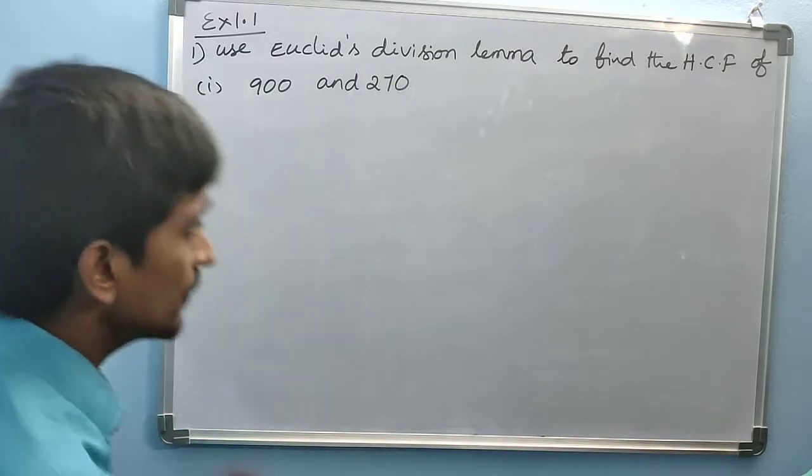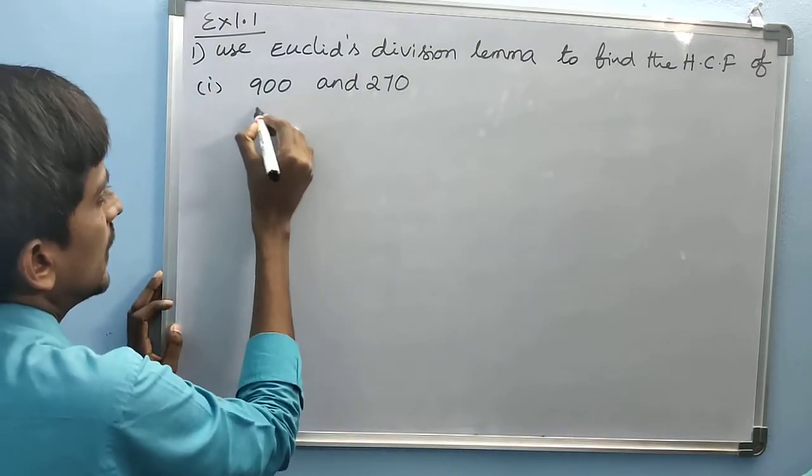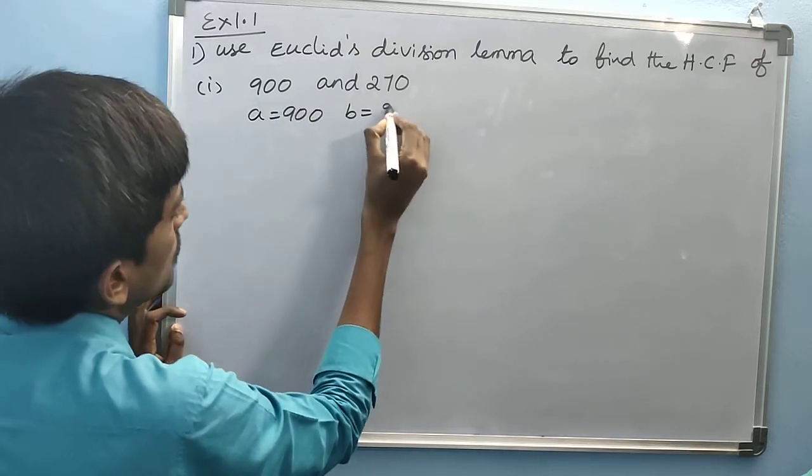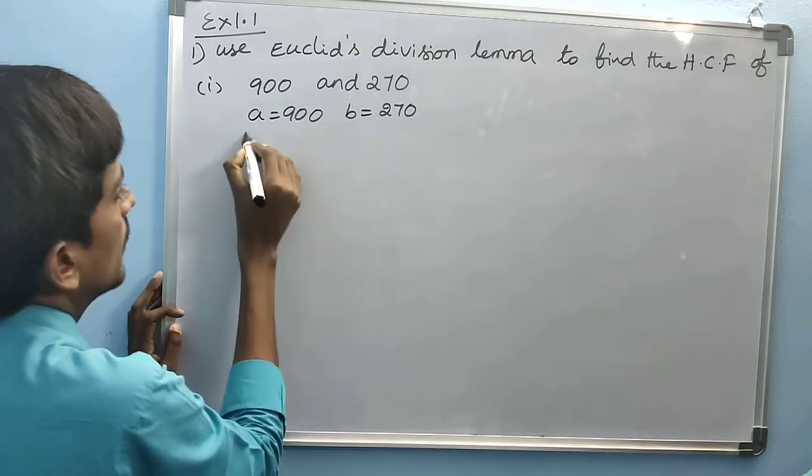Here the bigger number 900 is A, so A equals 900, B equals 270.